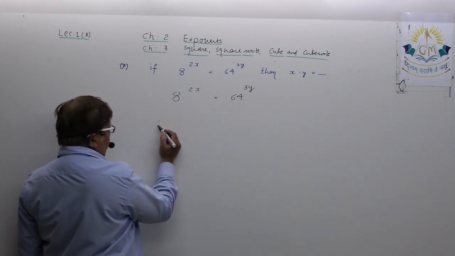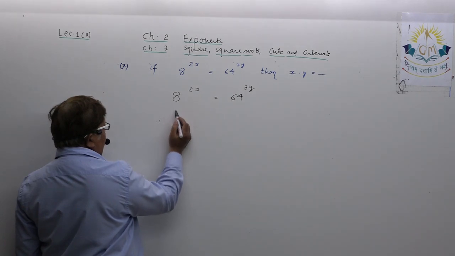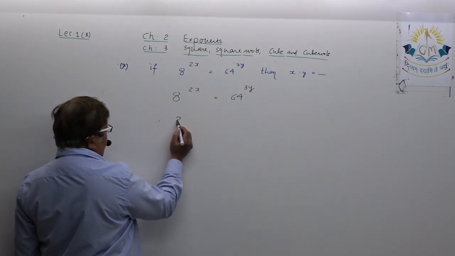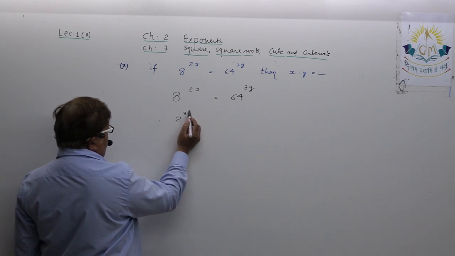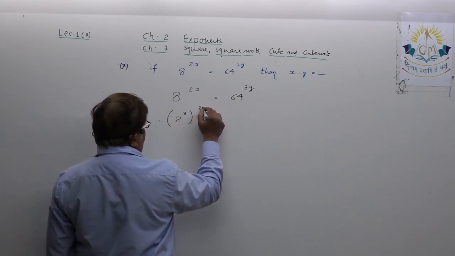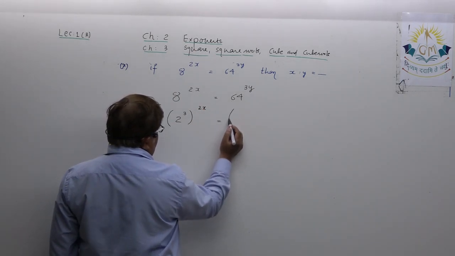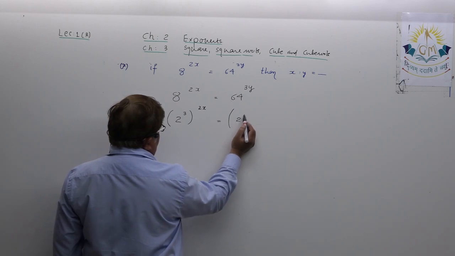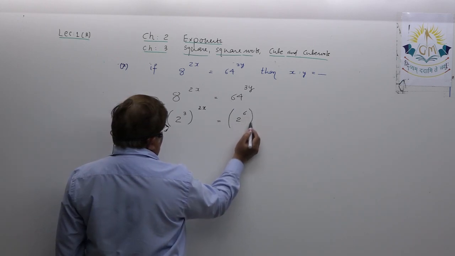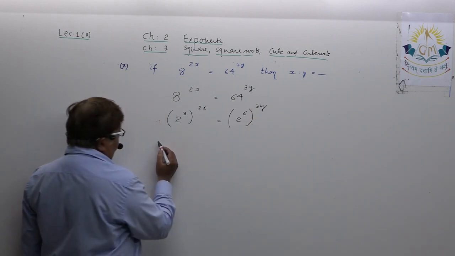So first let us express 8 in power of 2. 2 raised to 3 raised to 2x. Let us express 64 in power of 2. 2 raised to 6 equal to 3y.